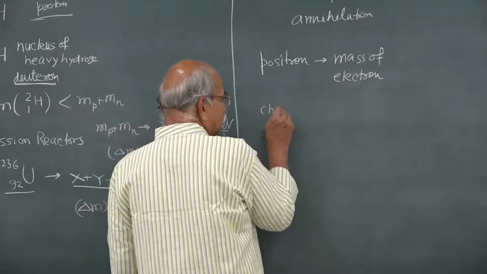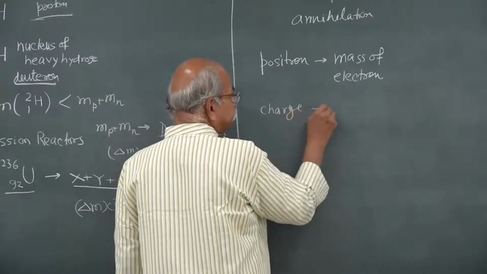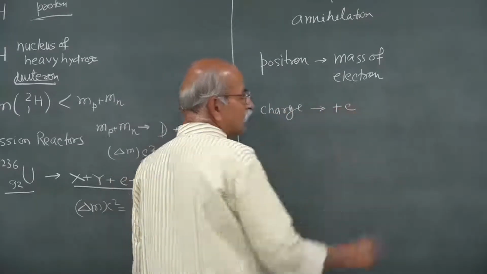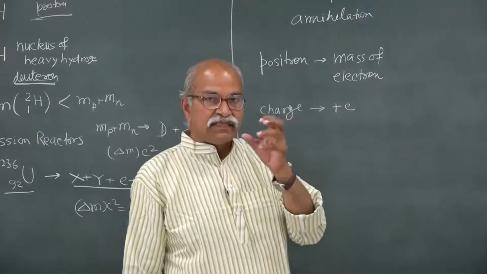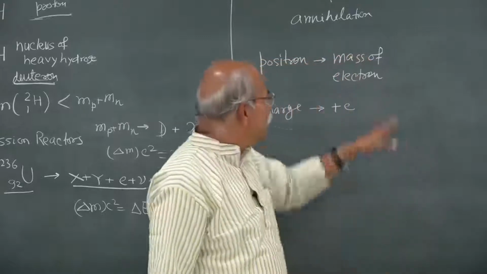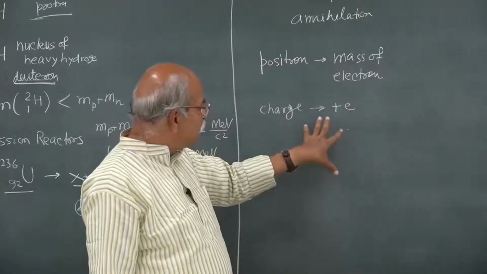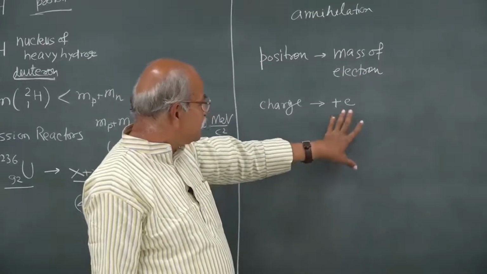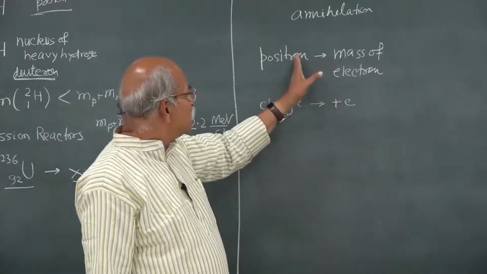Then charge is plus e, same as that on a proton. There are many other things which are not important in this discussion. So, these are called positrons.